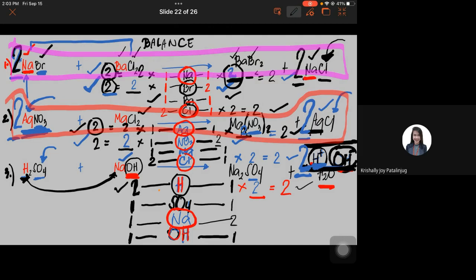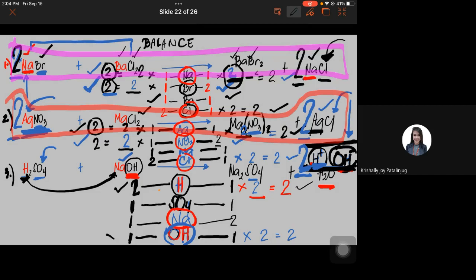Now, after you write a coefficient of 2 before the chemical formula H2O, you affected the number of OH on the product side, meaning there are also 2 this time. Total of 2 hydroxide. So you need to balance also hydroxide at both sides of the equation.